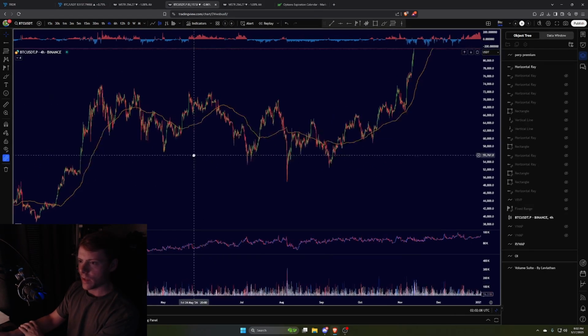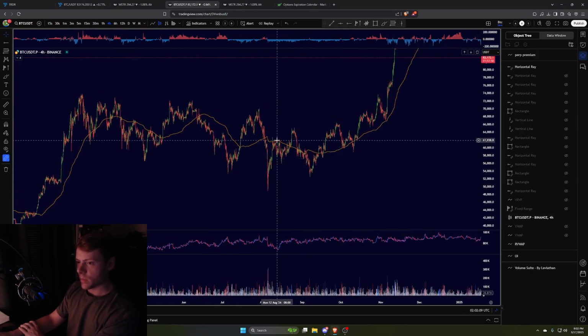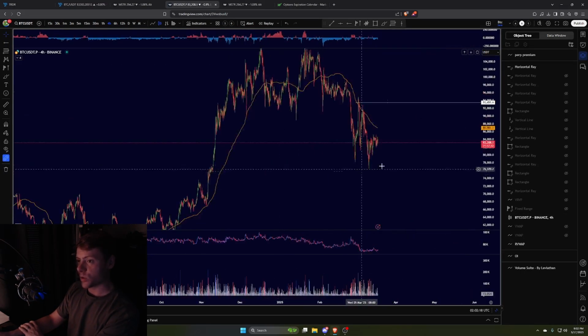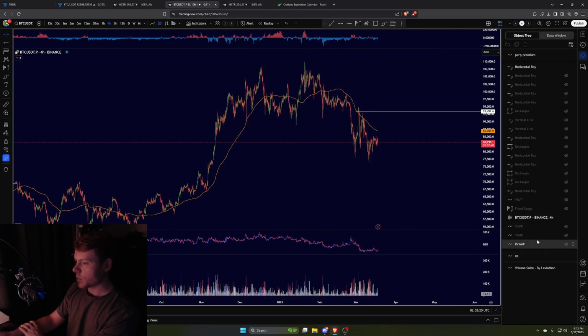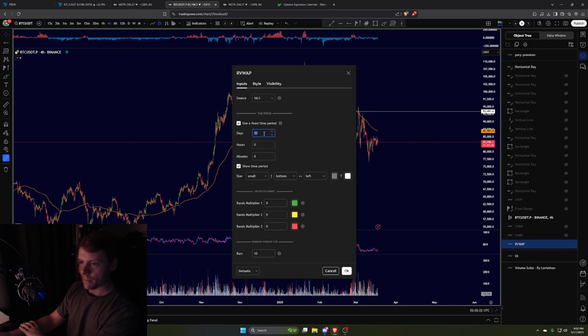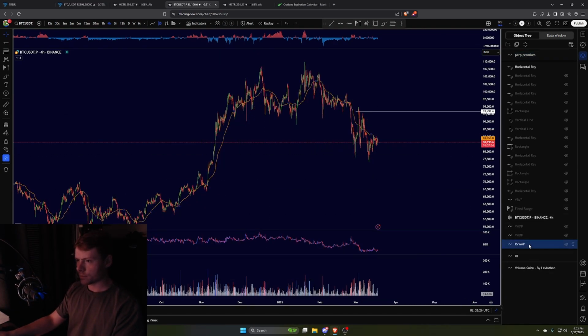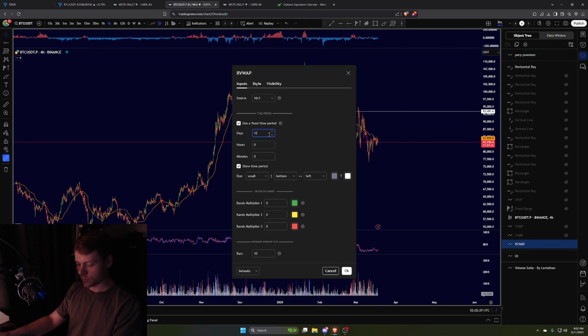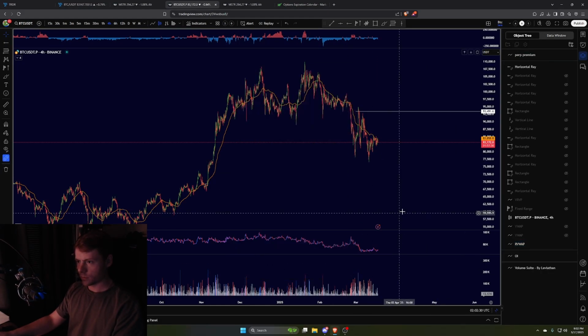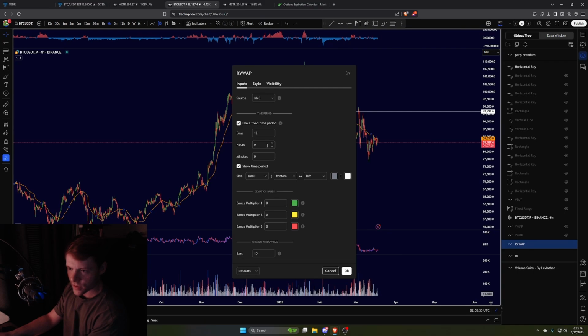Even in these ranging environments, you guys can see when it flips, we normally get bearish. When it flips back, we normally get bullish. It acts as a good dynamic support resistance line. So you guys can play around with the rolling VWAPs. You know, you can add like 120. I guess it won't let you go that high, which sucks.